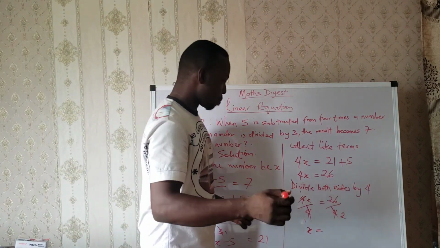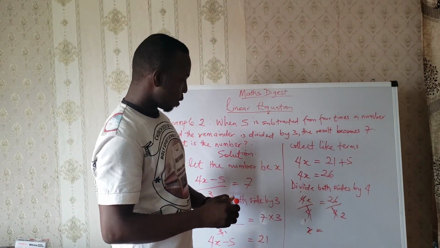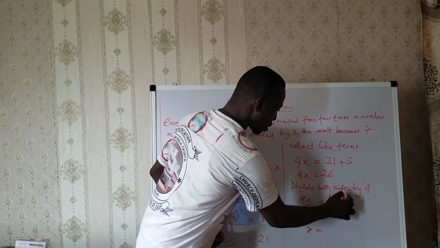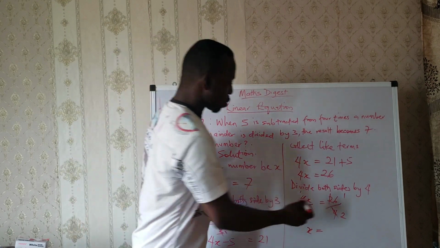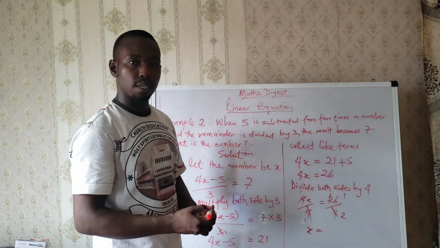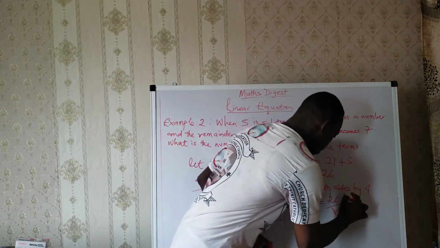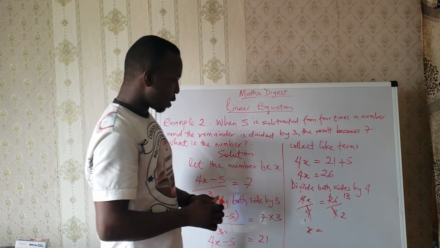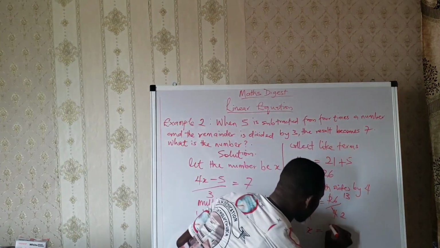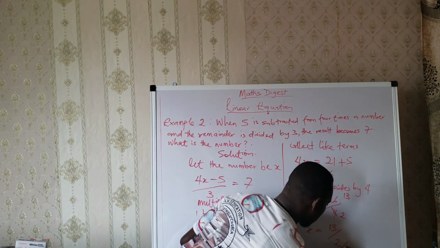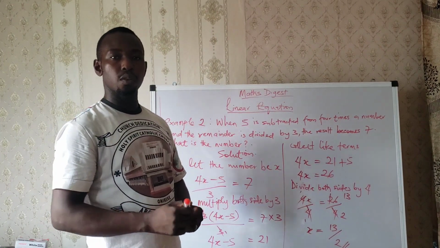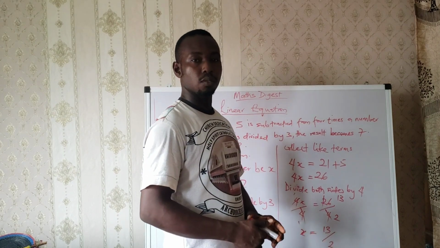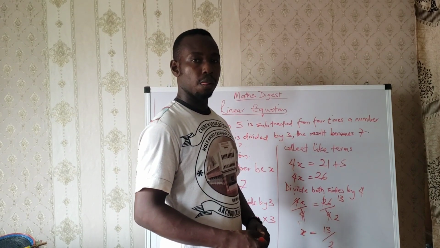Now when you divide 26 by 2, 2 goes into 2 once, 2 goes into 6 three times. We now have 13 at the numerator side. So 13 over 2 is the final answer.